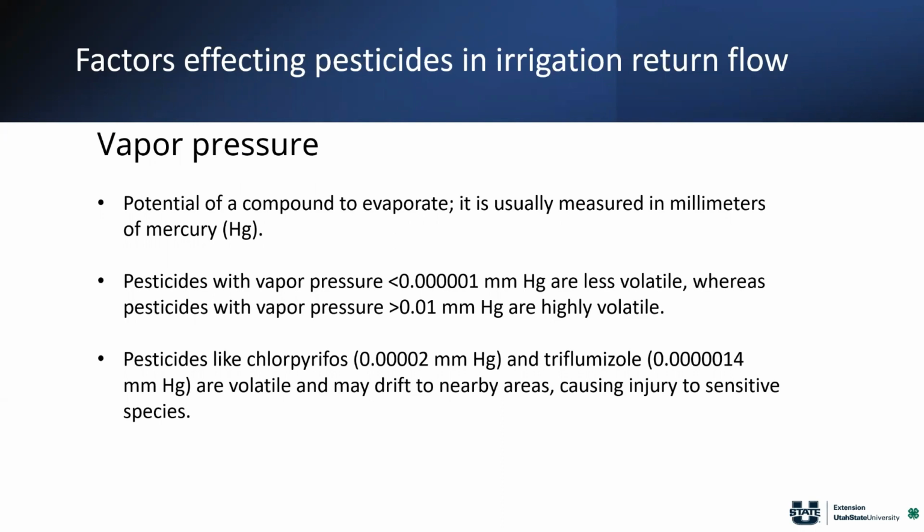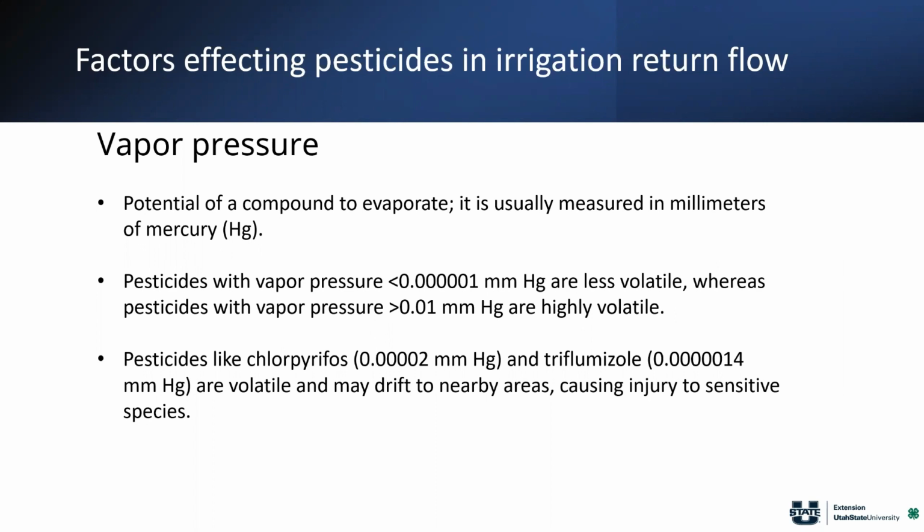Say you have a nursery and you are using these compounds, even in a retention pond or just using it, they have a tendency to vaporize and affect the field across the road or just across from your nursery. So when we're applying a pesticide with high vapor pressure, we always need to consider the wind drift and sun and things like that. Also in a retention pond, if these compounds are being collected, they might vaporize and affect the nearby vegetation.